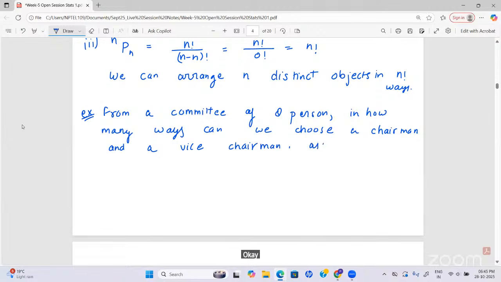And we are assuming that one person cannot hold more than one position. Ma'am, this means repetition is not allowed. Yes.